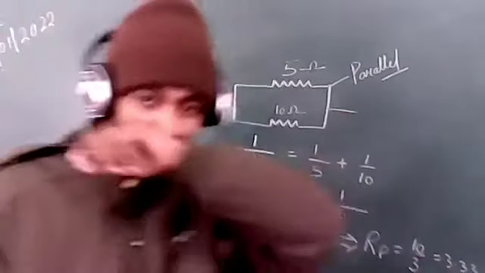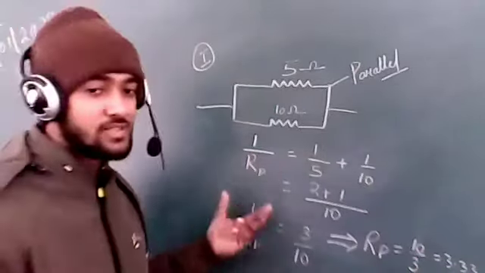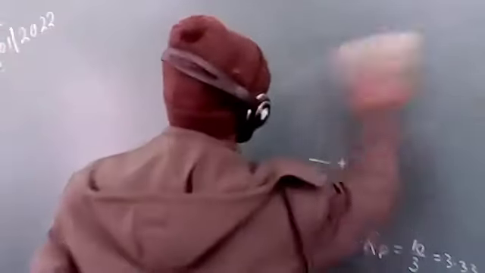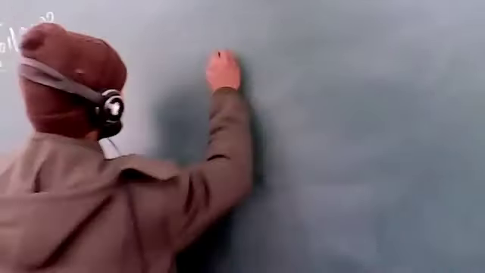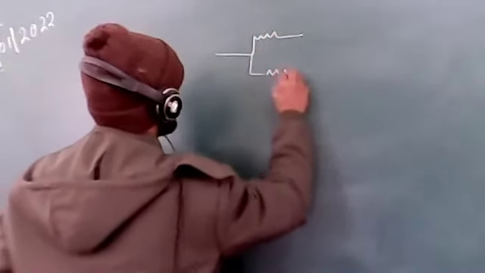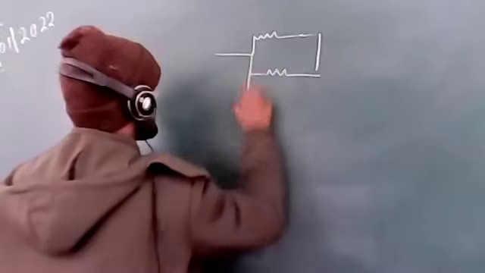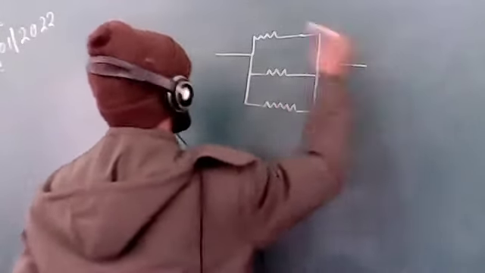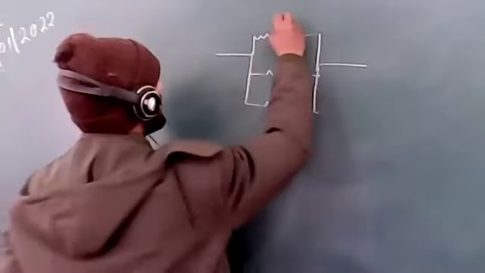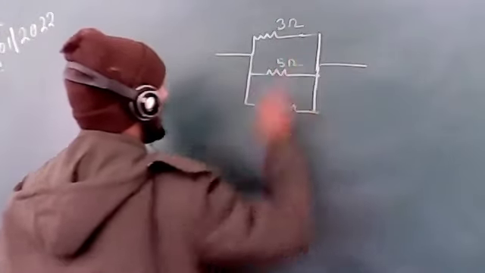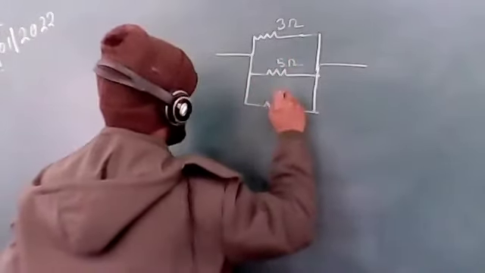Now I want to conclude one thing for the parallel circuit. Just solve one more question, then I will conclude. The first one is 3 ohm, 5 ohm, and 10 ohm.